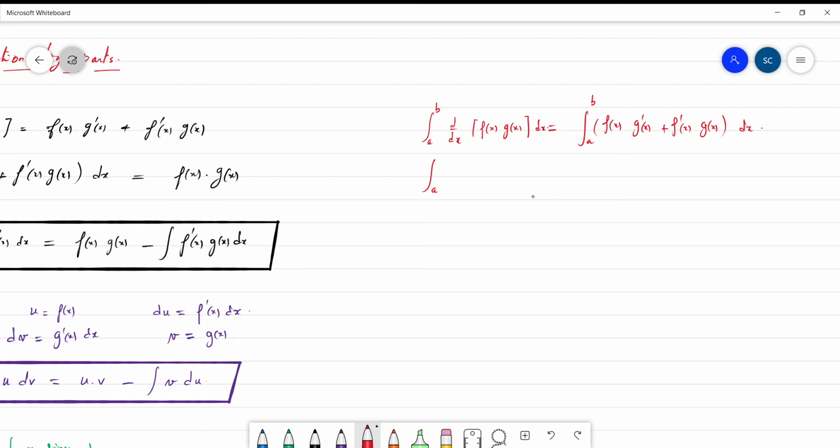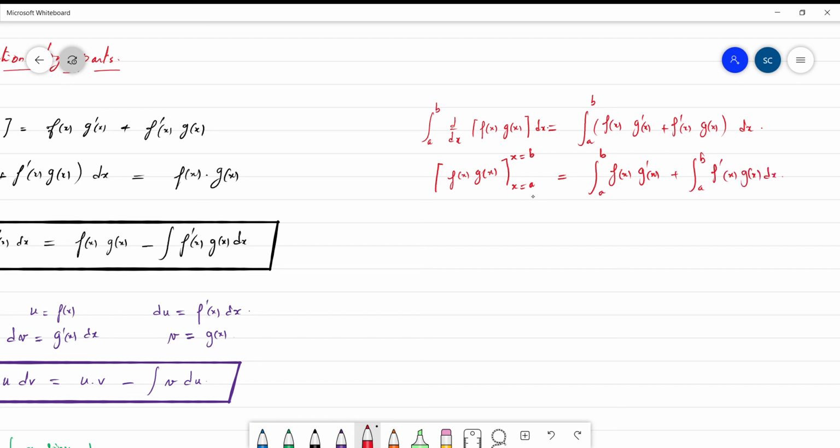Here we use the fundamental theorem, so it will be equal to f(x) g(x) taken between x equals a and x equals b, equal to, we can separate now, the integral of f(x) g prime(x) plus the integral from a to b of f prime(x) g(x) dx.